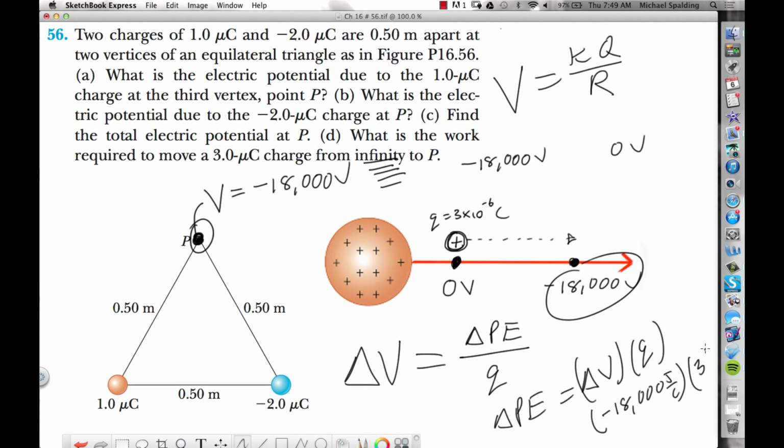The charge being moved is 3 times 10 to the negative 6 coulombs. 18,000 times 3 times 10 to the negative 6 gives 0.054. So the change of potential energy is 0.054 joules, and that's the same as the work done.